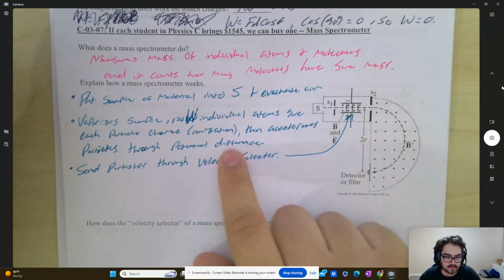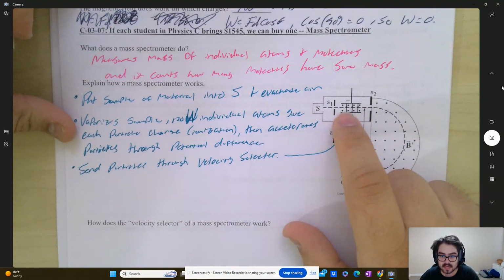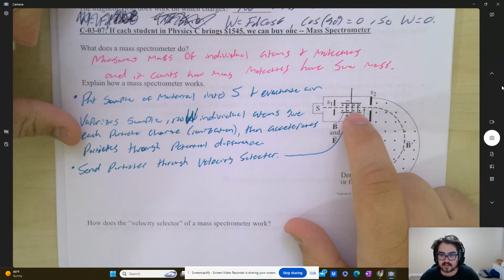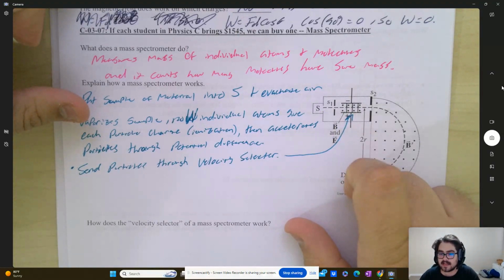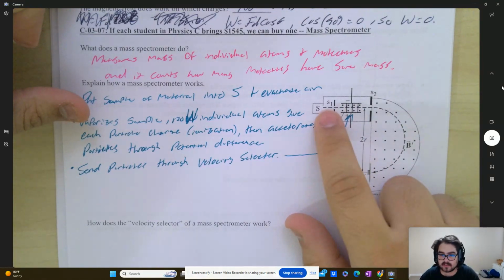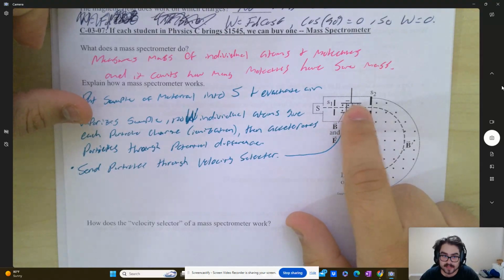The way it works, and I'll talk about this a bit more in a second, is that if they're going a certain speed, then the B field and the E field cancel each other out, and the particle will go straight. They want it to travel undeflected through the crossed B and E fields.